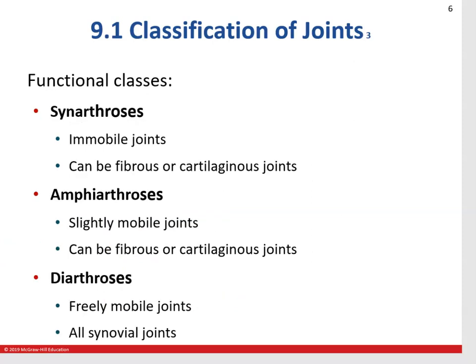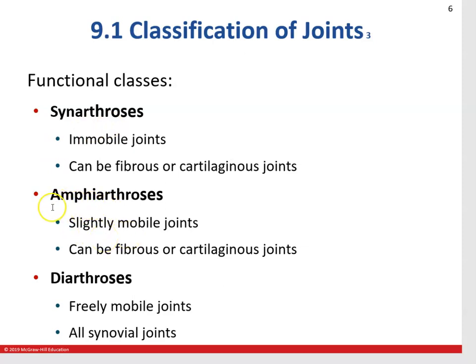So let's look at functional classifications. When we classify joints functionally, we're talking about how movable these joints are. If the joint is immobile, it cannot move, we call that a synarthrosis, or plural synarthroses. The adjective would be synarthrotic, right? So fibrous and cartilaginous joints can be synarthrotic. Amphiarthroses are joints that are slightly movable.